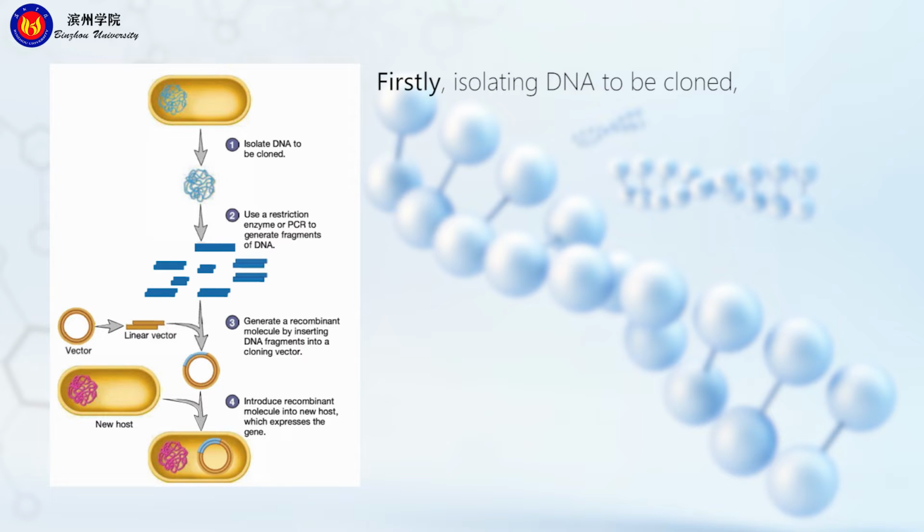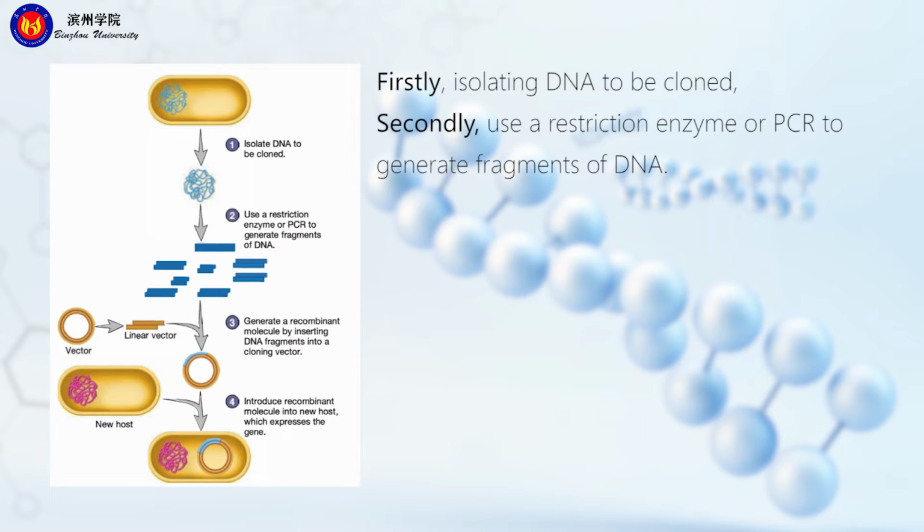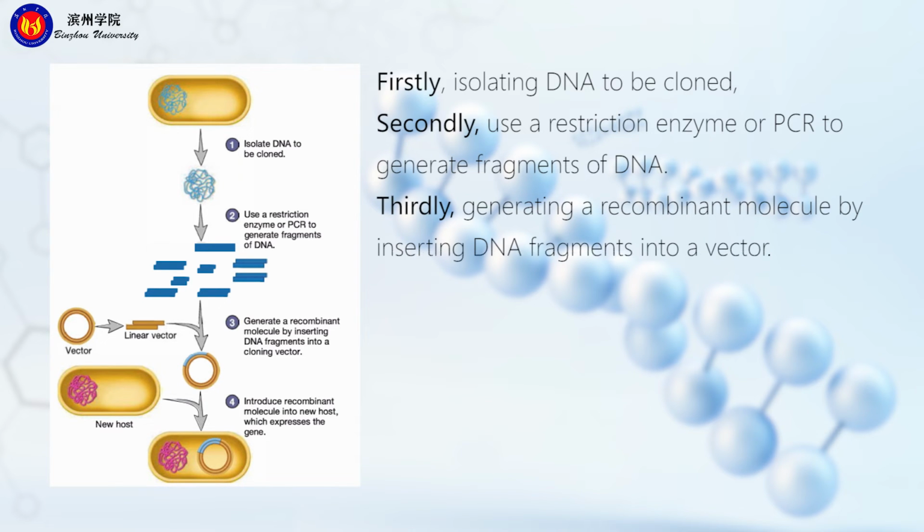Firstly, isolating DNA to be cloned. Secondly, use a restriction enzyme or PCR to generate fragments of DNA. And thirdly, generating a recombinant molecule by inserting DNA fragments into a vector.